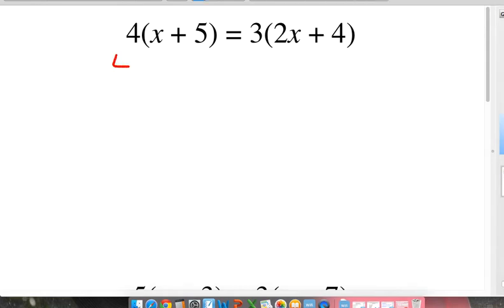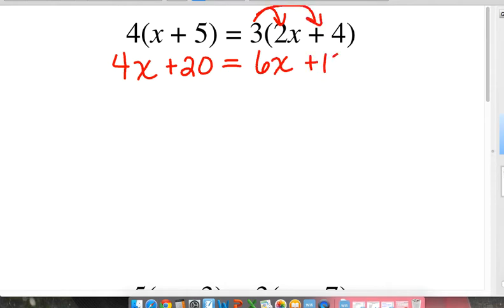4 times x gives 4x. 4 times positive 5 gives positive 20. Equals 3 times 2x gives me 6x. 3 times positive 4 gives me positive 12. Okay, now we got all kinds of stuff going on. We need to get our constants together.